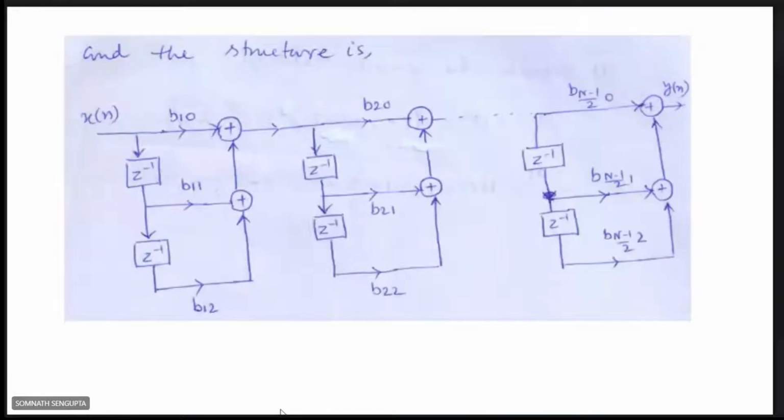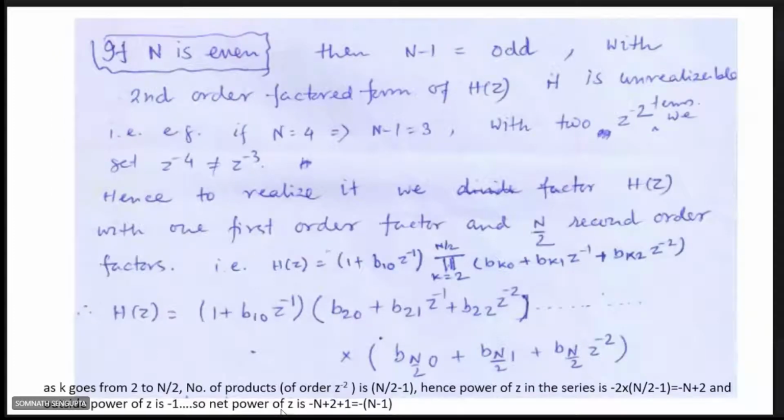So this is the general structure for n odd. Now when n is even, what happens? The general expression is slightly different. First we take the first order term, 1 plus b10 z inverse, common, then the individual product terms.